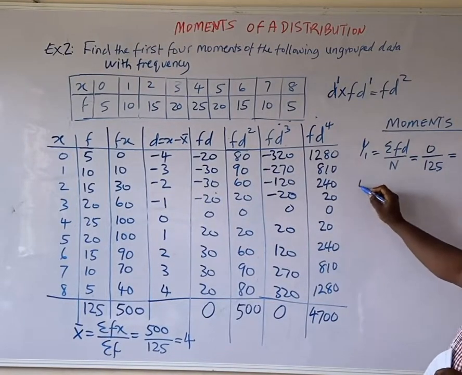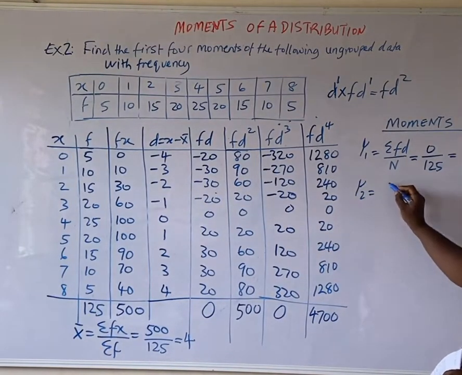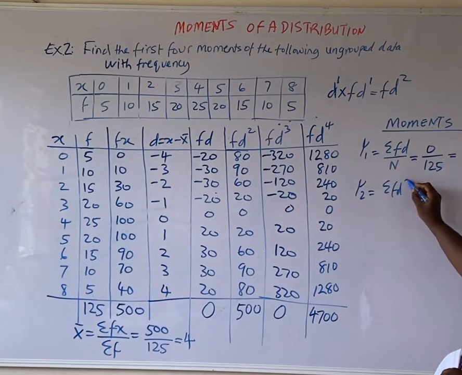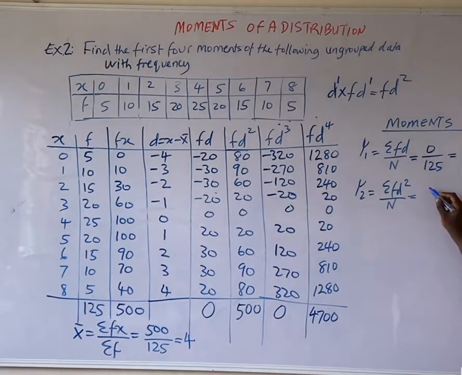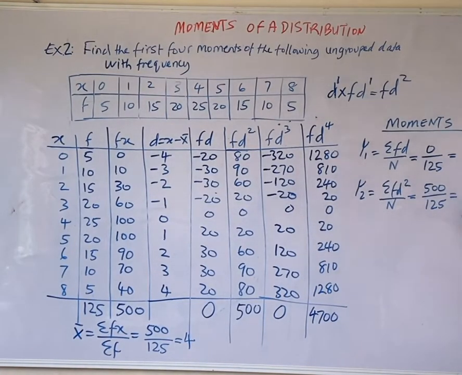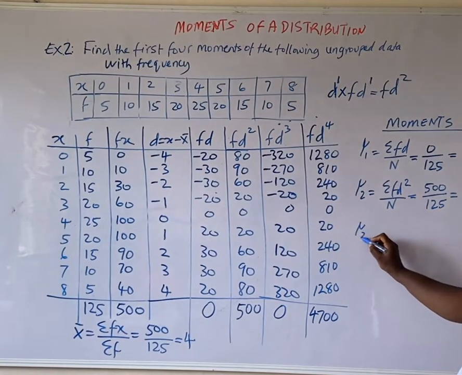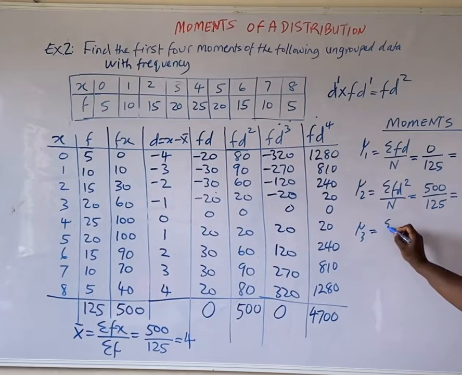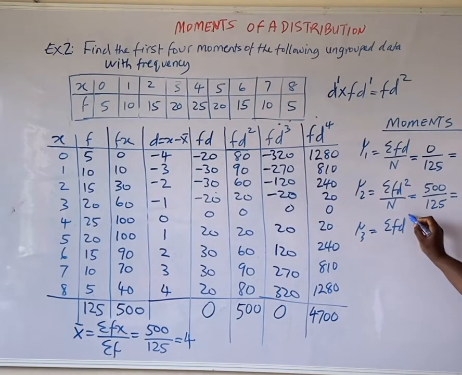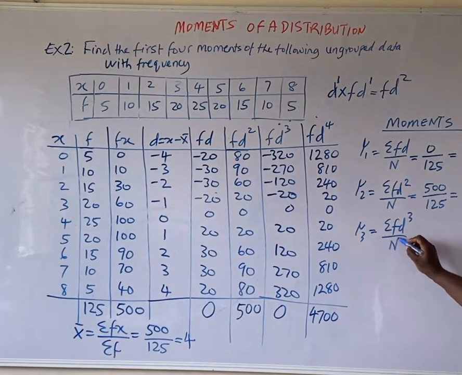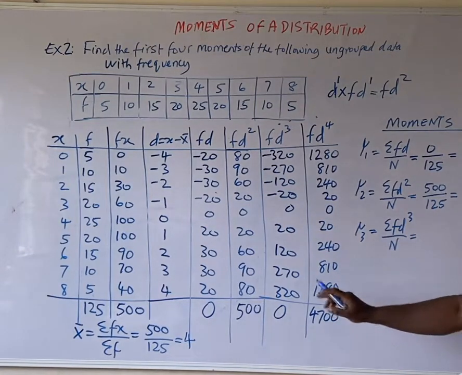Our second moment is summation Fd raised to power 2 all over N. What's that going to give us? That's 500 all over 125, and the answer we have is 4. So the third moment is summation Fd raised to power 3 all over N. And what do we have?